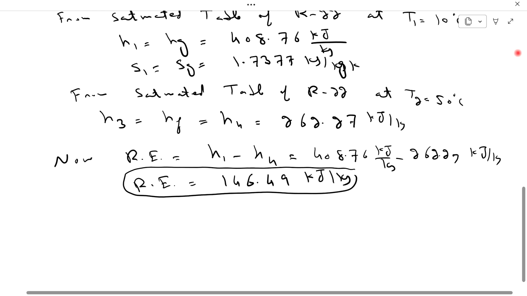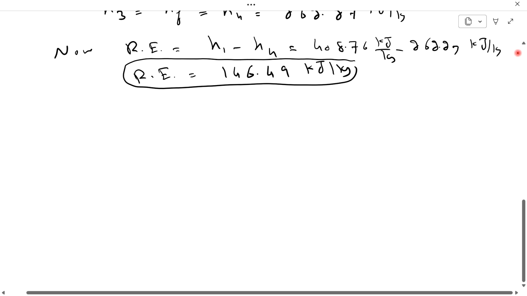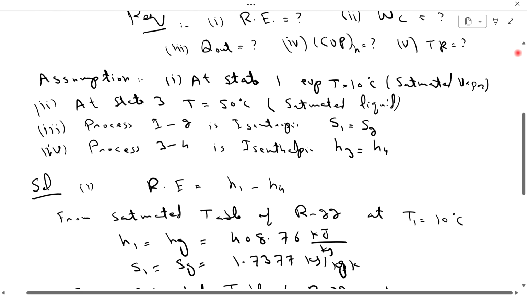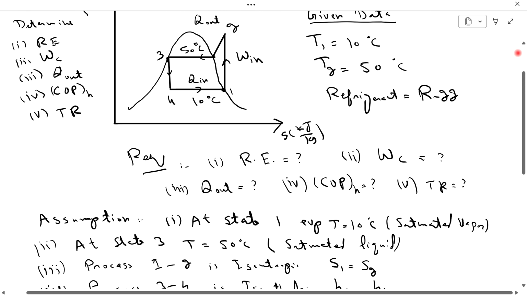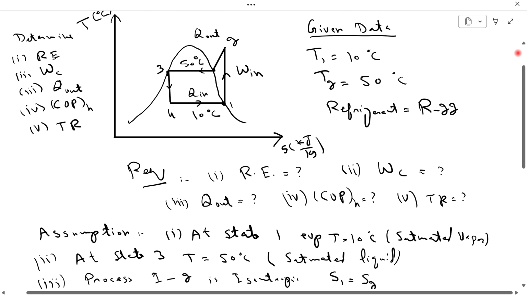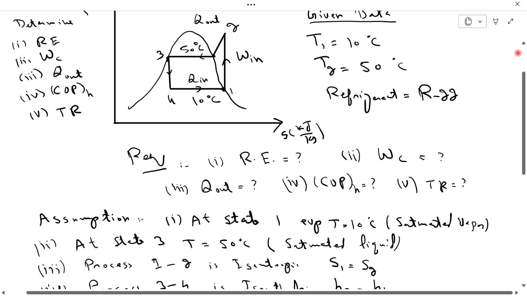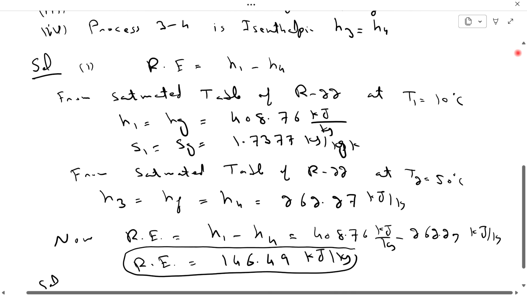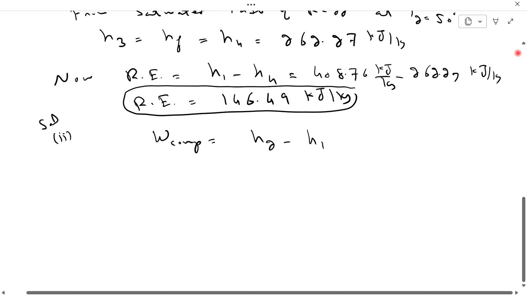So part 1 is solved. Now we are solving number 2. In the solution of number 2 we need the work of compressor, which is equal to H2 minus H1. First we find H2. H2 is in the superheated region. We see in the TS diagram that point 2 is in the superheated region, so we will use the superheated table for R22.